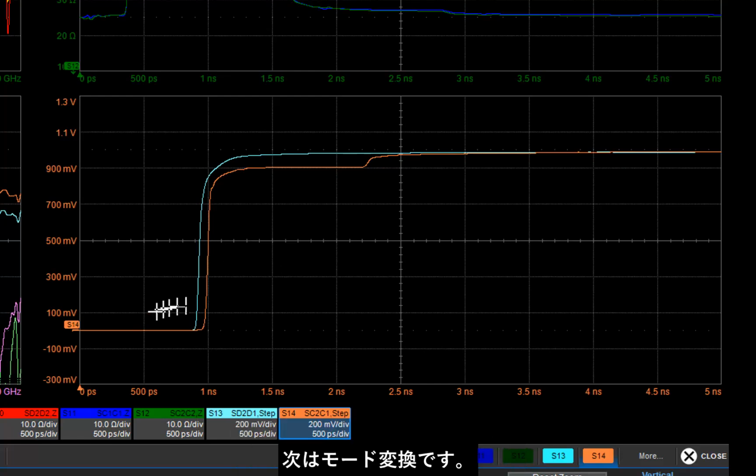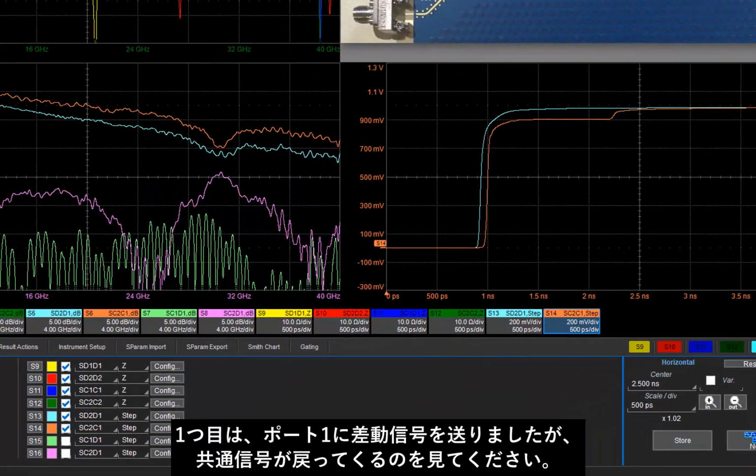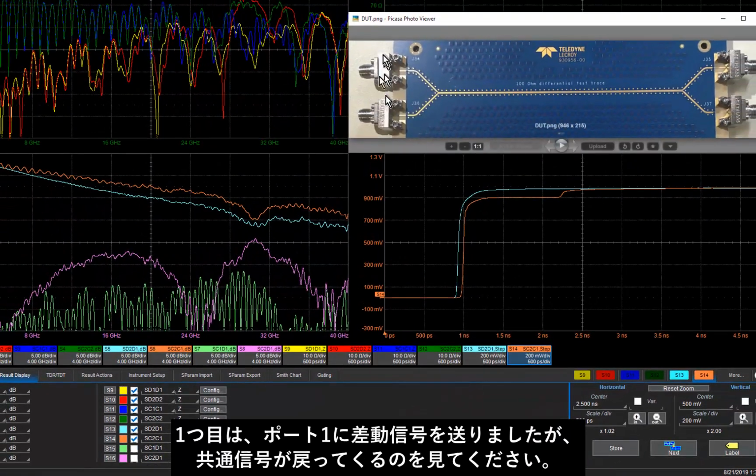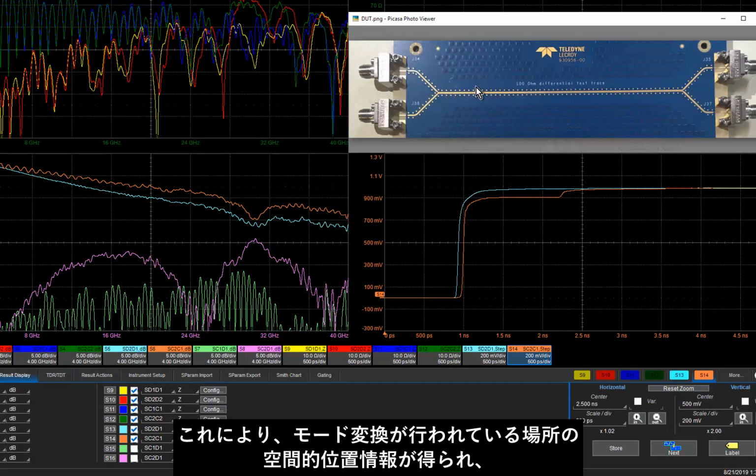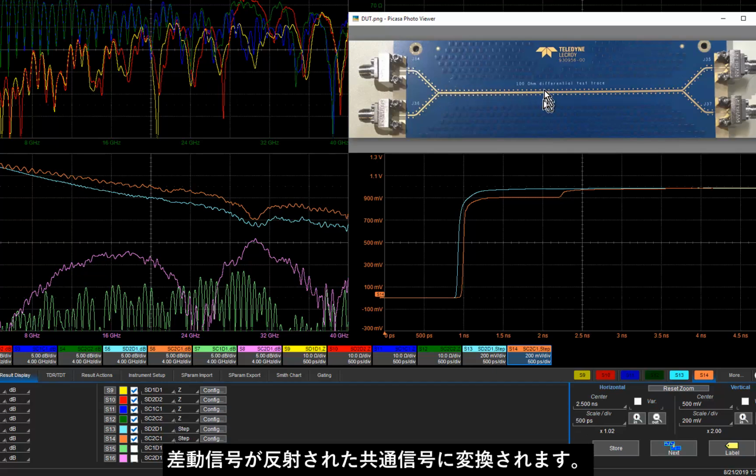Now come the mode conversion terms. The first one is we send a differential signal in port 1, and we look at the common signal coming back to us. This will give us spatial location information of where we have the mode conversion that transforms the differential signal going down to the reflected common signal.